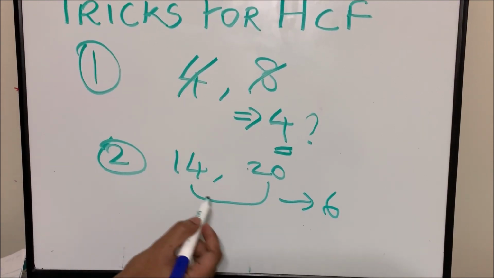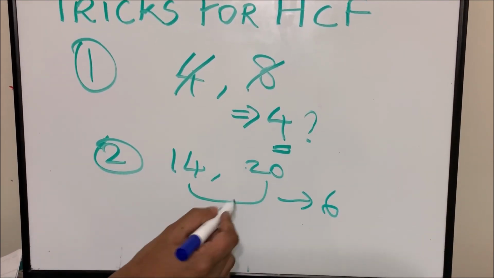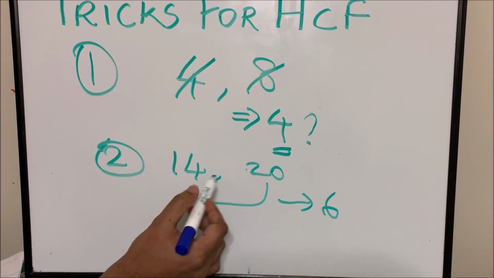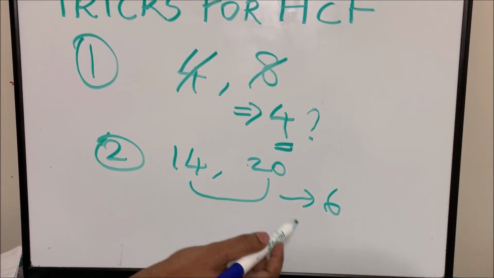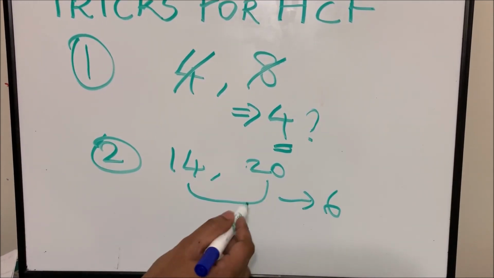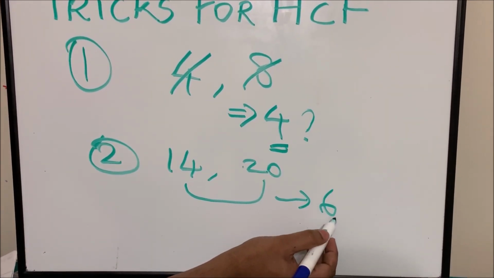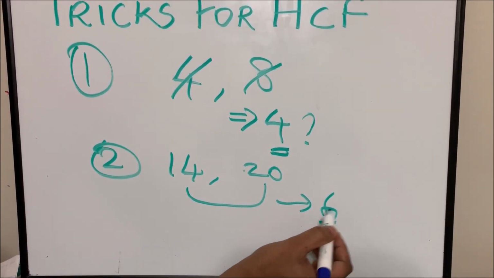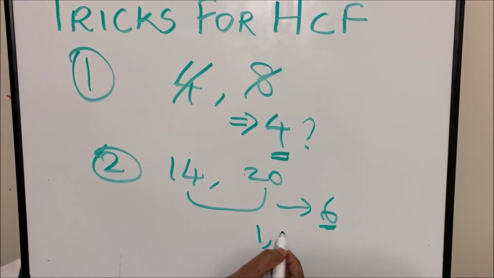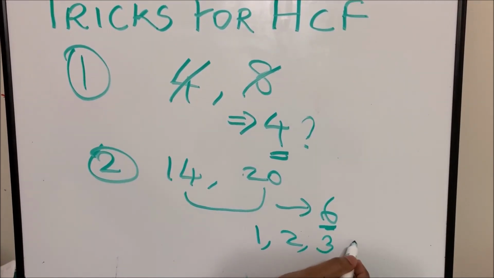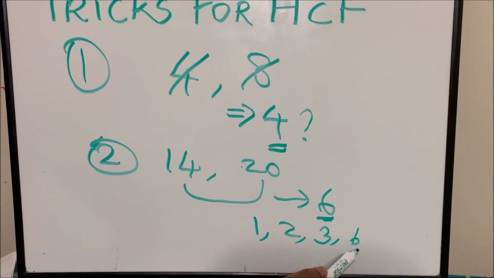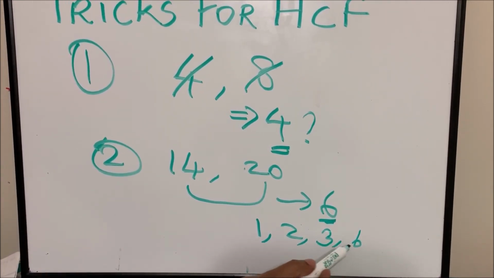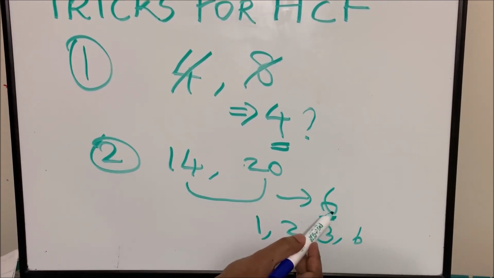No. So in this series, if any number is not divisible by this difference, we have to go to trick 2. So we have to take the factors of 6, that is 1, 2, 3 and 6, and starting from the highest number we have to check. We already saw for 6 it is not divisible.